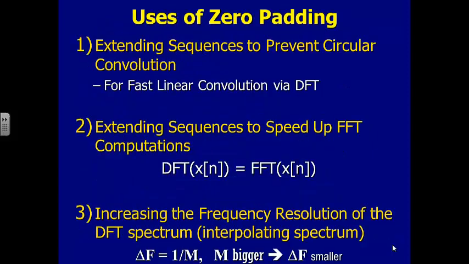How does this work? How do I make a sequence longer and make the computation faster? Well, anybody know how the FFT works? Anybody ever looked into that? Well, the FFT is a very clever algorithm that does a DFT computation, but it does it very efficiently. How it does that is it keeps taking your sample values and cutting the number of them in half.